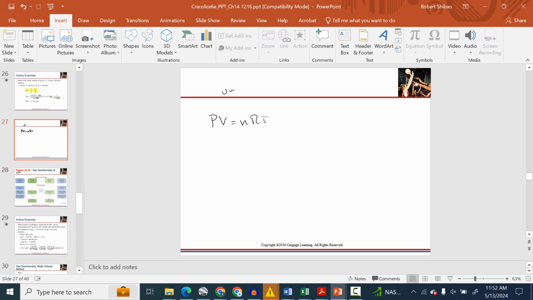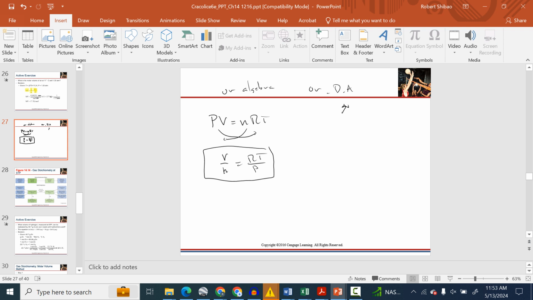What you do is you divide both sides by P and divide both sides by n. And so what we end up with is V over n is equal to RT over P. Or we could use dimensional analysis. This is just algebra here with no substitution.